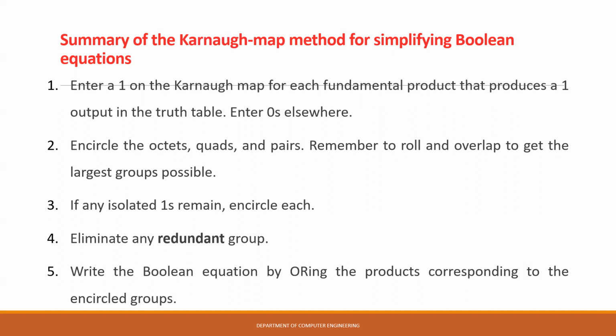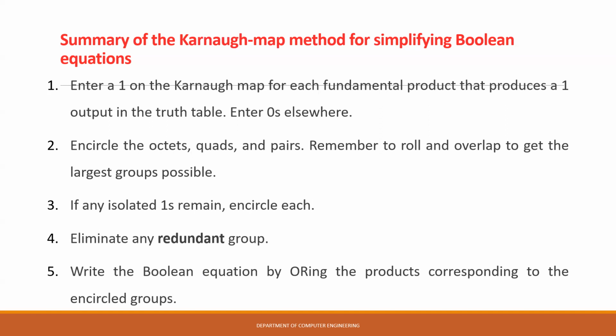For two variable K map, we have only two choices: chords, pairs. And if chord and pair is not possible, then by default, we have to make the group of single ones. Means chords, pairs, and single ones are possible combination for two variable K map.